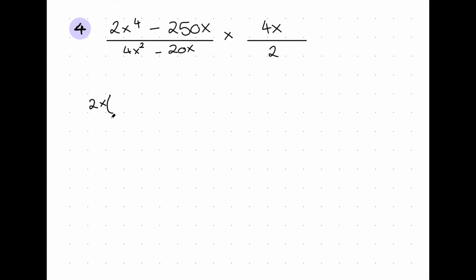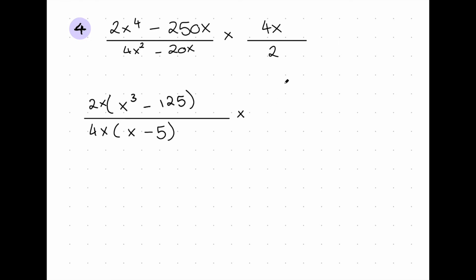If I take 2x out, I'm left with x cubed minus 125. On the bottom, I'm going to ask the same question. Do I have a highest common factor? I do. I'm going to have 4x as the highest common factor, leaving me with x minus 5 in the brackets here.